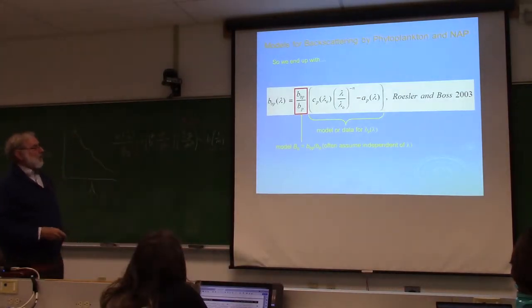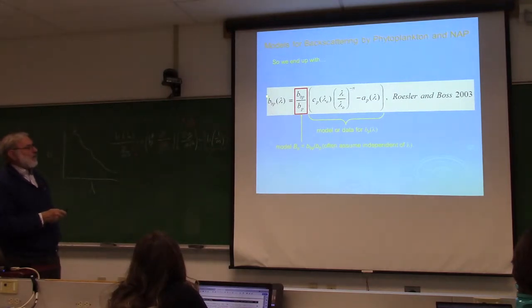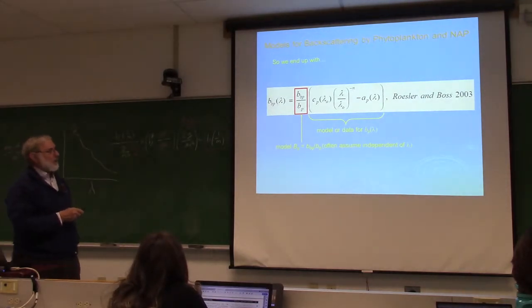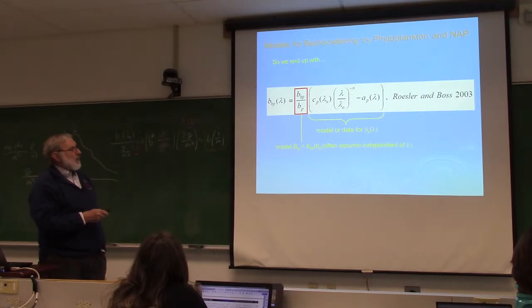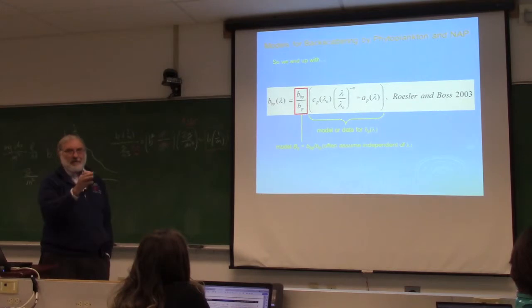Okay, so what is often done then to model the backscatter by particles is you take the total scattering coefficient modeled as the beam attenuation fit by a power law minus the absorption by the particles, whatever they are, and then you say, okay, I need to convert the total scattering to the backscattering.